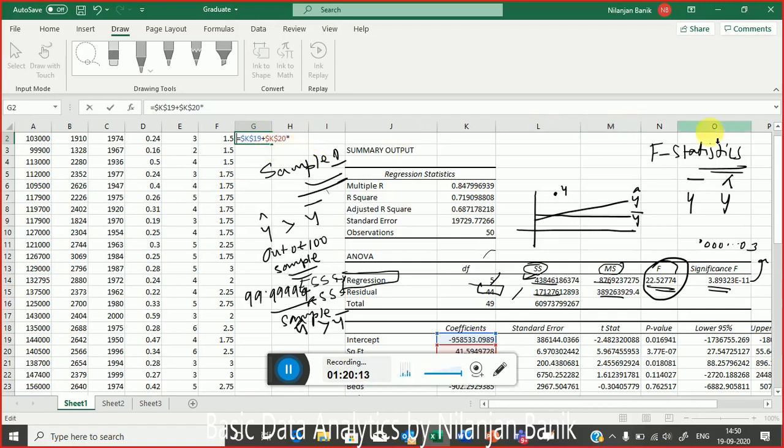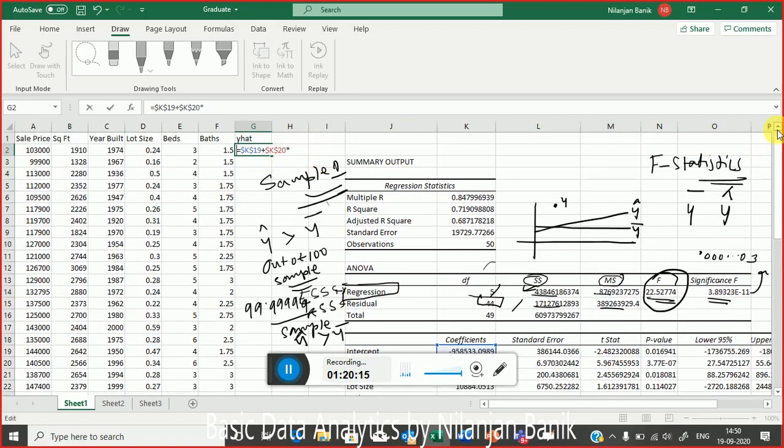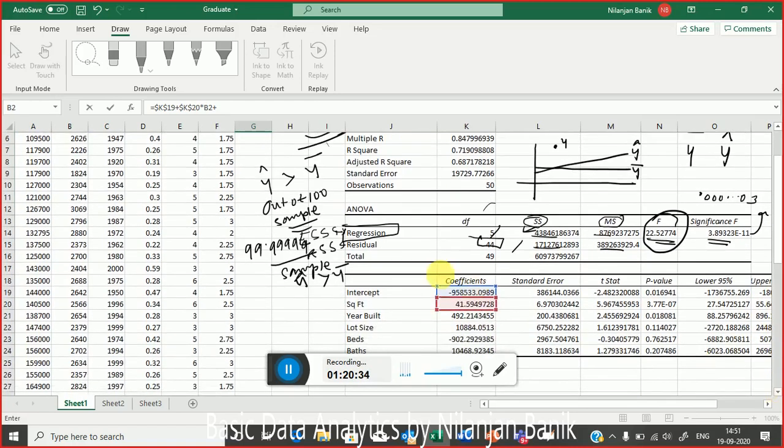So x1 is this one. Plus beta 2. This is my beta 2 coefficient.